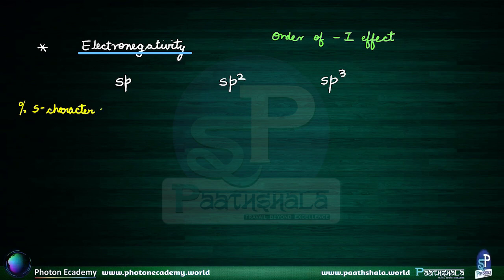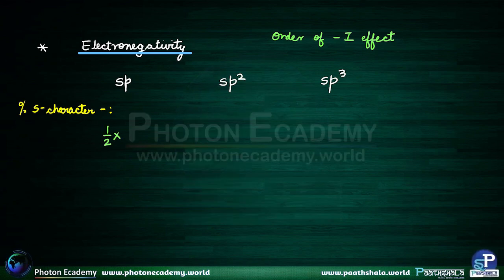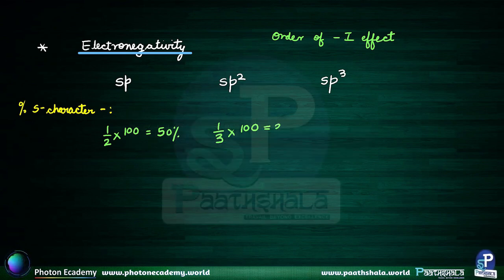if I define for each of these cases, let us see. For SP, we have got half of them as S, and out of 100%, so we get a 50% S character. For SP2, I have 1 upon 3 and 100% out of 100%, and that gives me 33.3%.